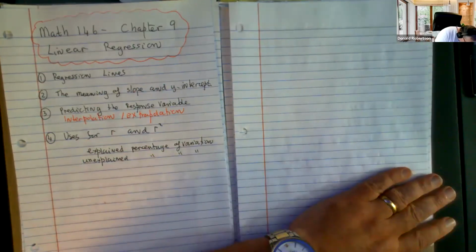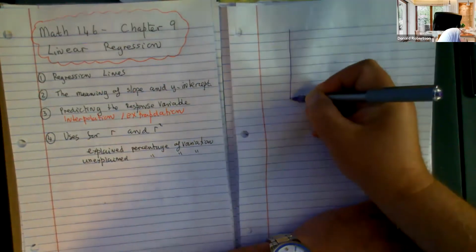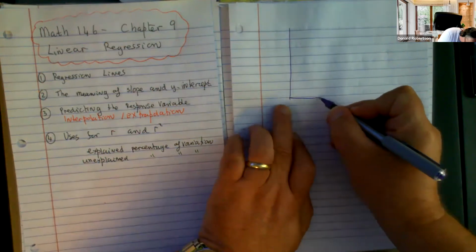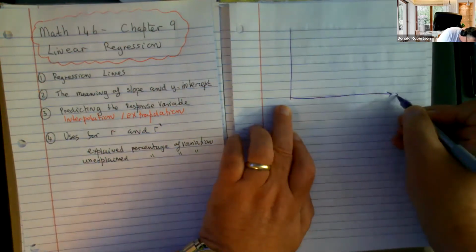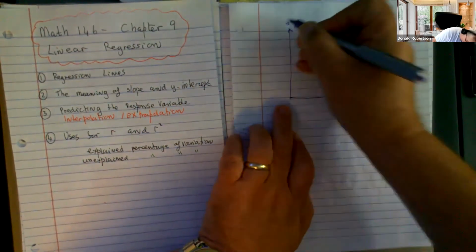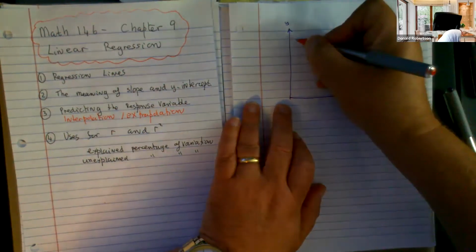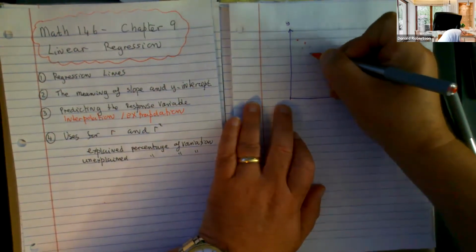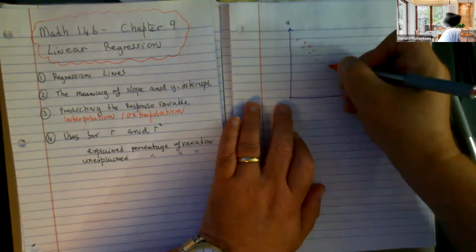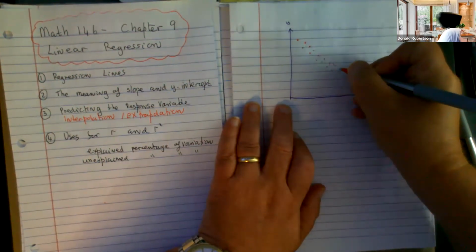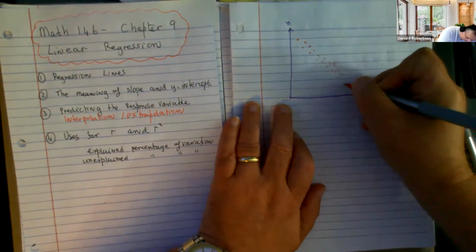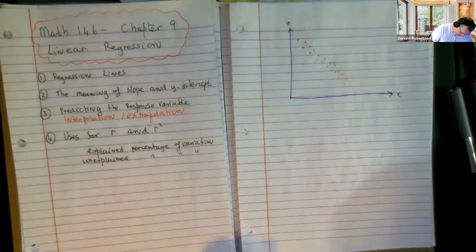So let's suppose that I collect data, and we'll have one that's negative this time, and we'll have it so it's pretty good in linear. Look something like that.